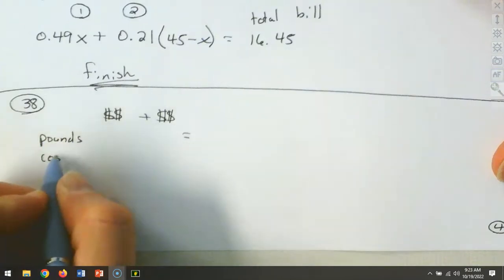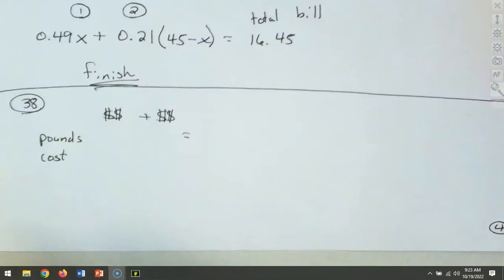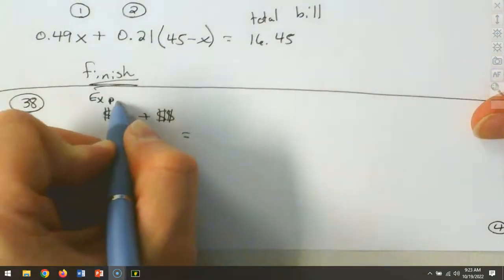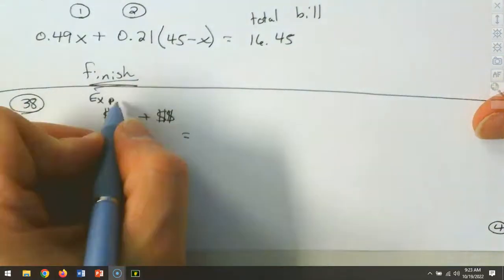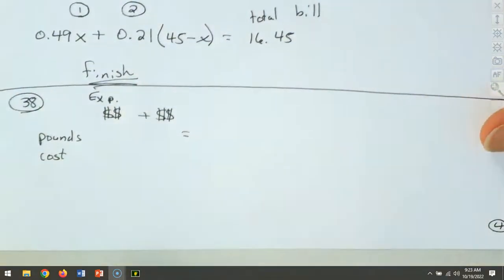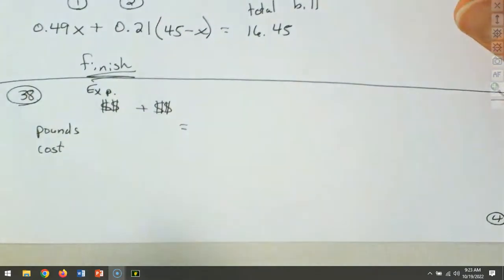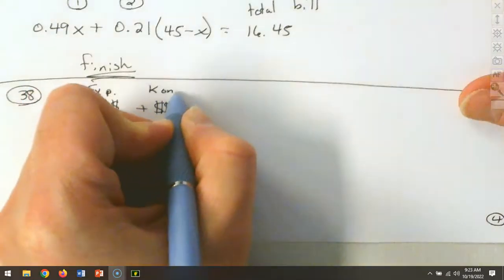And we're going to look here at the cost per pound. And we've got two types of coffees. So we've got espresso, which I'll just label as EXP. And we've got the Kona Deluxe. So this is going to be the Kona over here.